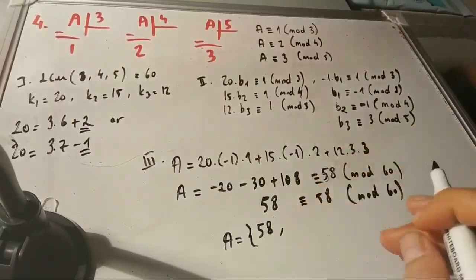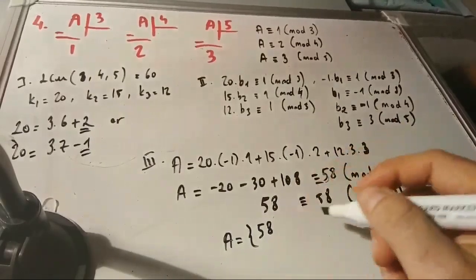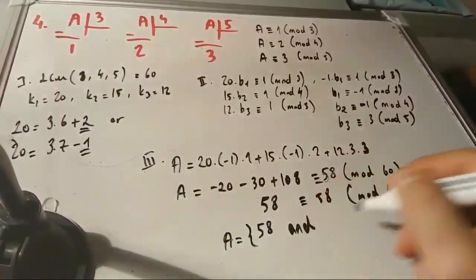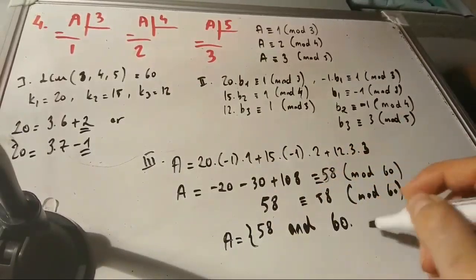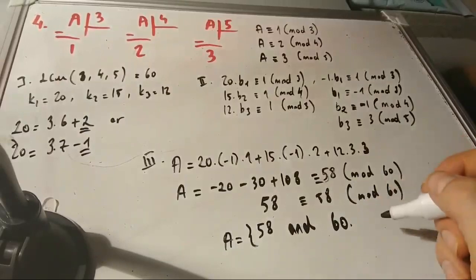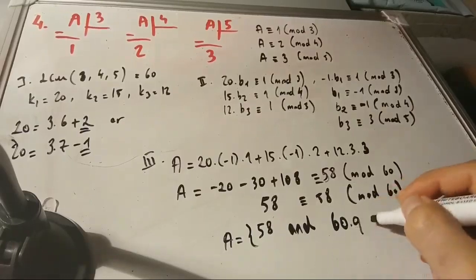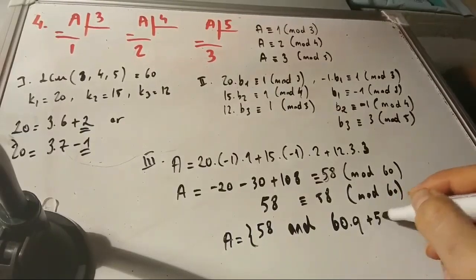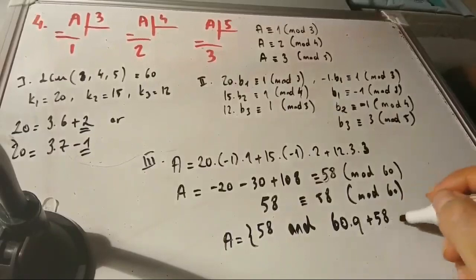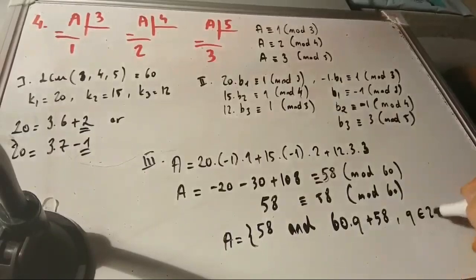So instead of that, we can write 58 plus 60 times, can you tell me one letter? Let's say Q. Q plus 58, where Q is an element of the integers.